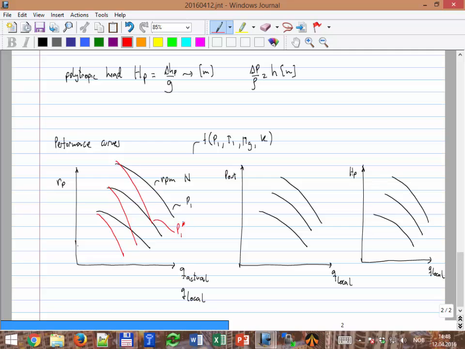And why is that? Anybody has an answer? Change in density. Yeah, the change in density, okay? Remember that the performance comes given by the velocity that we have on the blade, the velocity that is incident on the blade.